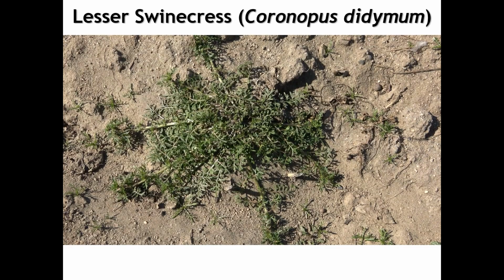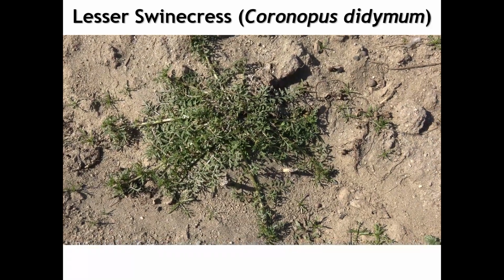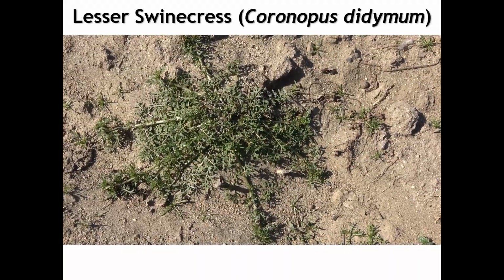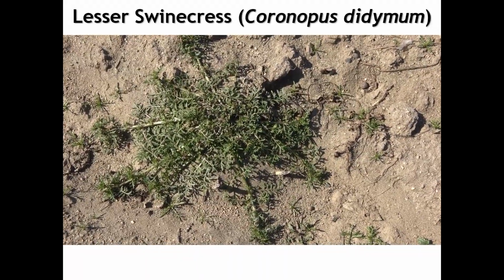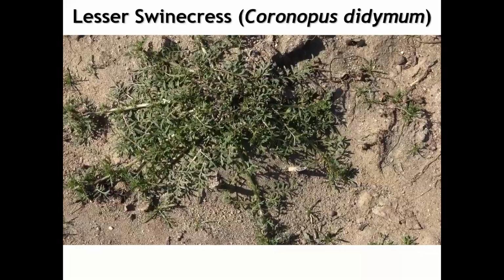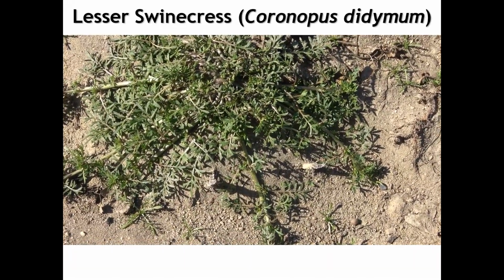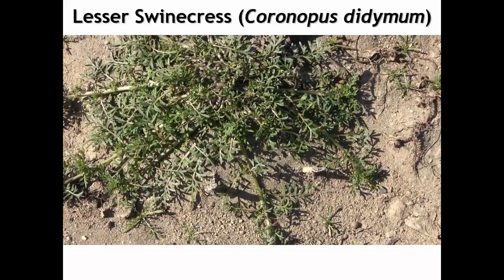Let's look at a video showing the lesser swinegrass. So here's lesser swinegrass. Obviously you cannot smell it, but you can have a look at it, and you've probably seen this plant in vegetable cropping systems, or you will even find this plant in non-crop areas.